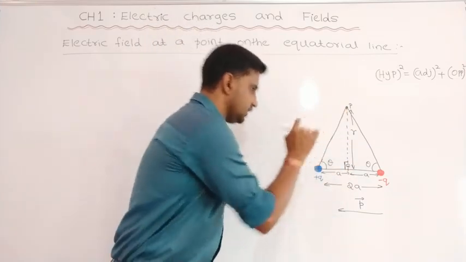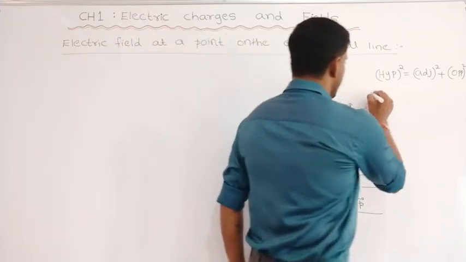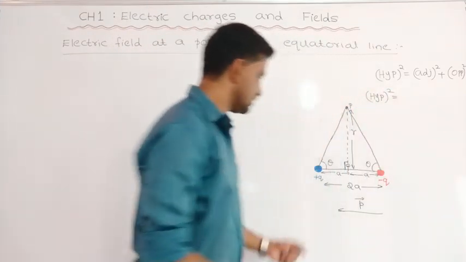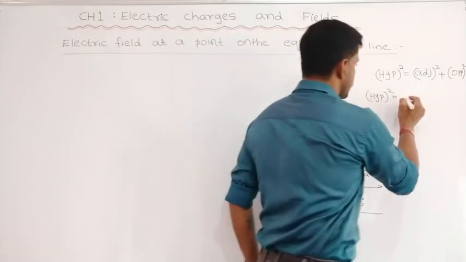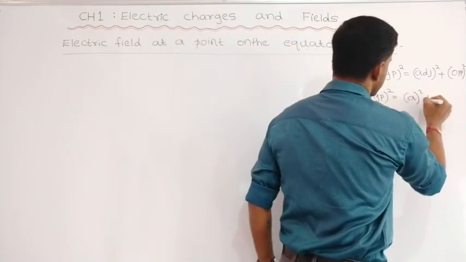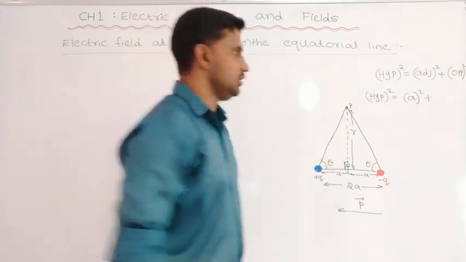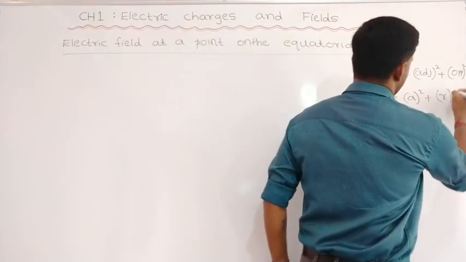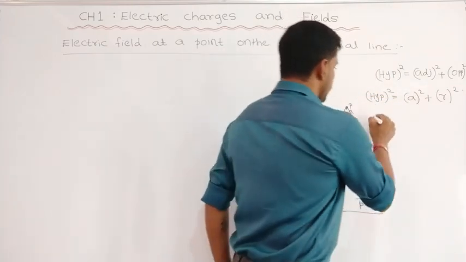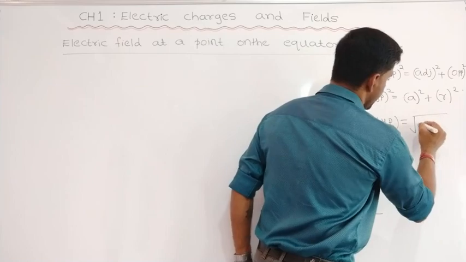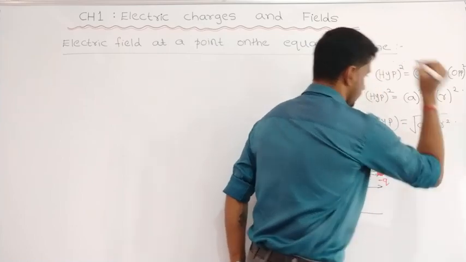If this one is the theta, then I can write hypotenuse square is equal to adjacent square, adjacent is nothing but A, so A square, plus opposite, that is the O to P distance, that is R, then it will become R square. Then hypotenuse is equal to square root of A square plus R square.